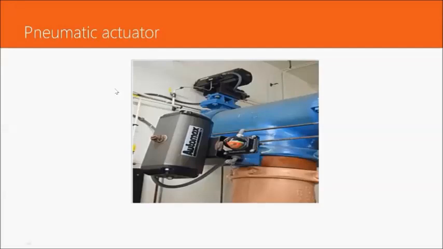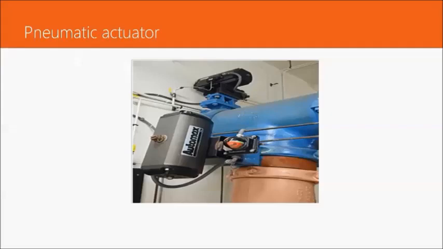This is the type also of pneumatic actuator. Okay, as you can see, this is the picture of a pneumatic actuator. From the word itself, pneumatic, what is the source? Since it is pneumatic, the source can be air. If we call it hydraulic, the source will be a liquid or oil or another type of liquid. Okay.